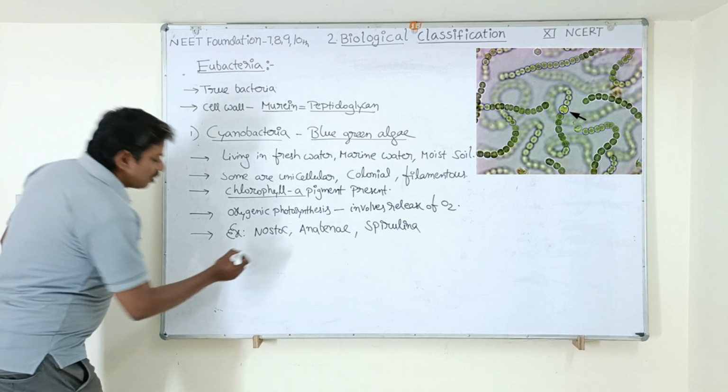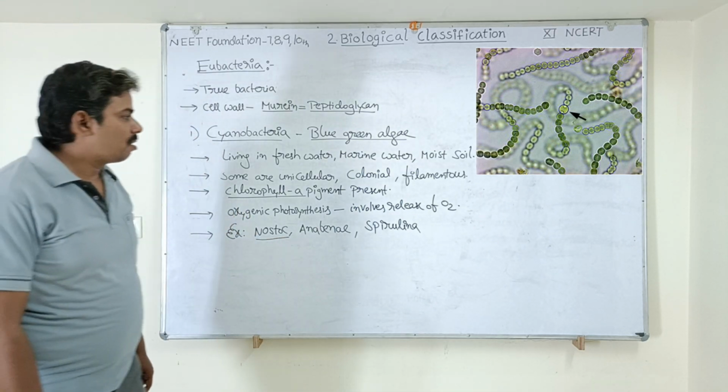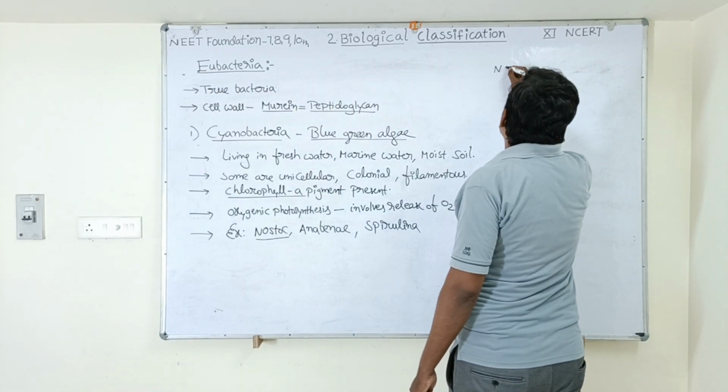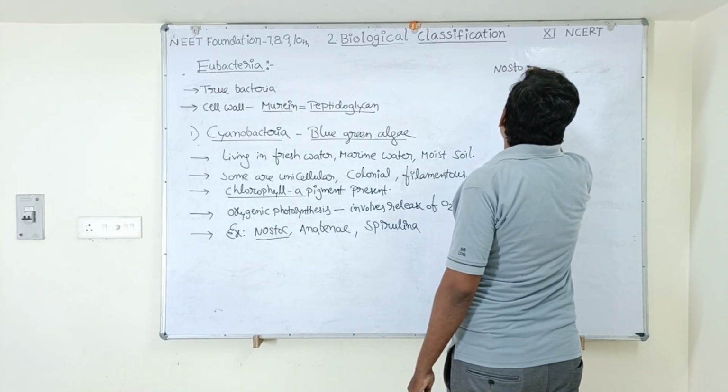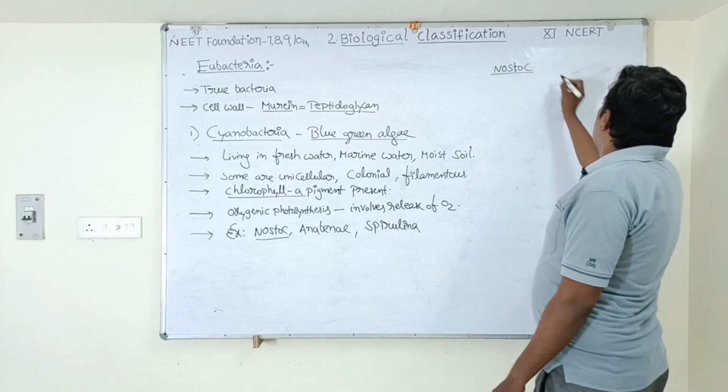So now we are going to discuss the structure of the cyanobacteria called Nostoc. Now I am going to draw the diagram of Nostoc. Students, copy down Nostoc in your notebook. So what is this Nostoc?